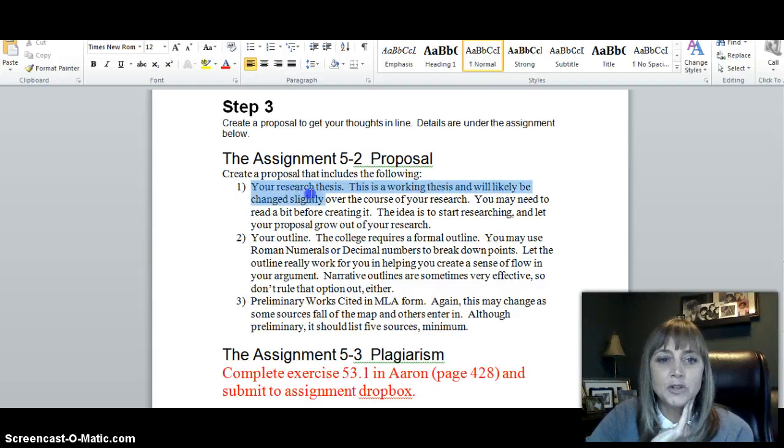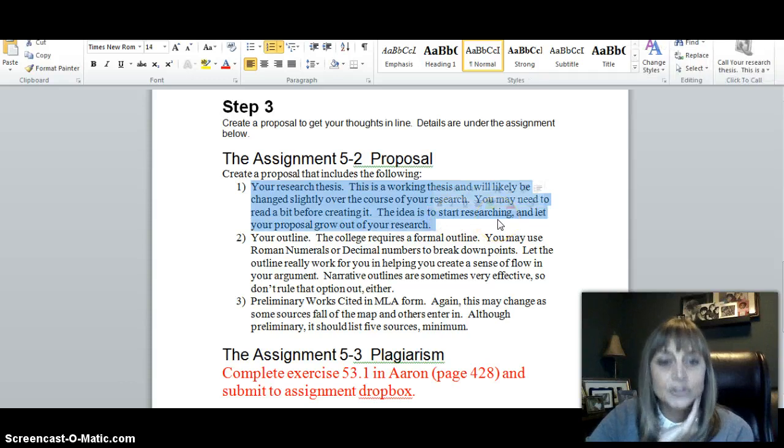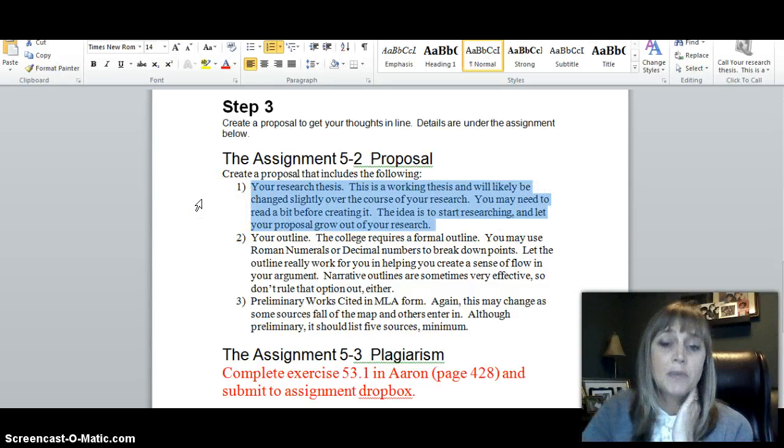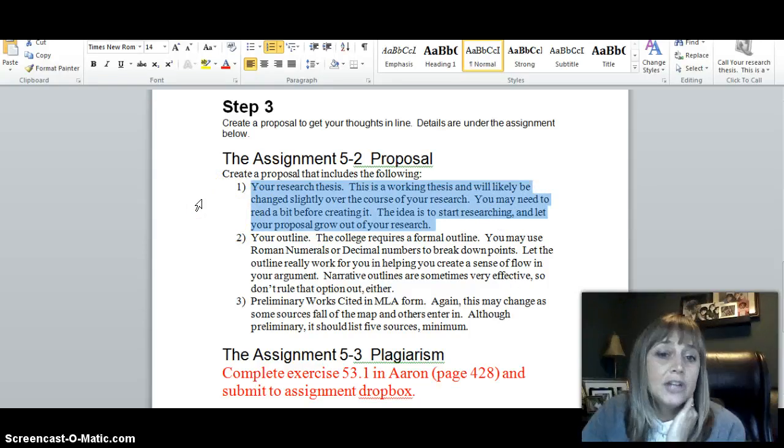For the proposal, you're going to research your thesis statement and create a research thesis statement. It's a working thesis statement. You're going to change it so that it flows with your paper later, but it should establish an argument that is either persuasive or problem solving, and it should set up your research focus.